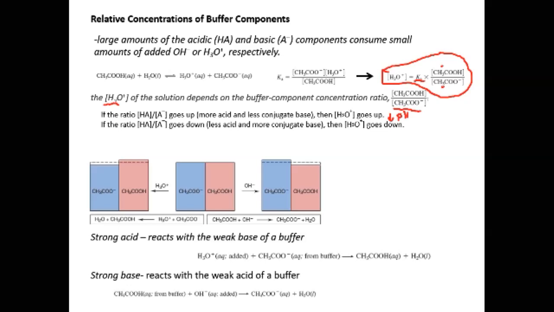Now, if the ratio of weak acid to weak base goes down, that means you have less H3O plus in solution, then that means the pH increases. So if you have more weak acid than weak base, the pH will usually be less than the pKa.